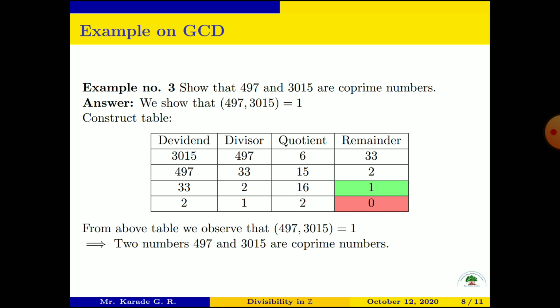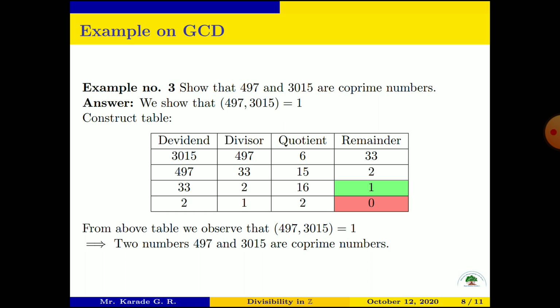Now let us see example number 3. Show that 497 and 3015 are co-prime numbers. We show that for 497 and 3015, their GCD is 1.